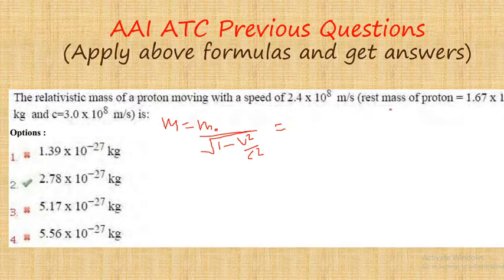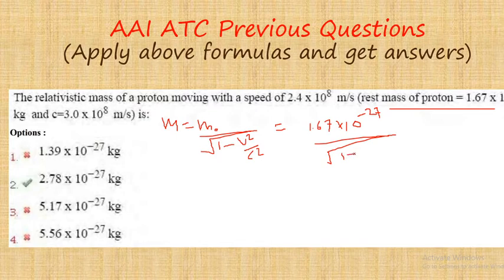M naught is the mass of proton, isn't it? So you can substitute 1.67 into 10 to the power minus 27 divided by root over 1 minus V square.